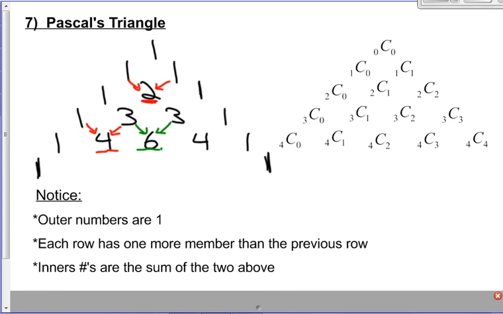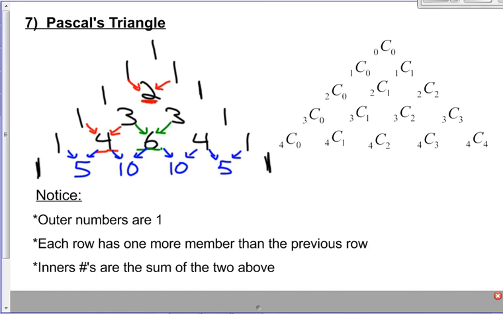Okay? So the next term is going to be 1 plus 4 gives us 5 right here. 4 plus 6 gives us 10. We get 10 again. The triangle itself is symmetrical. So students often ask, do I have to memorize the triangle? No, you just have to know how to generate it.